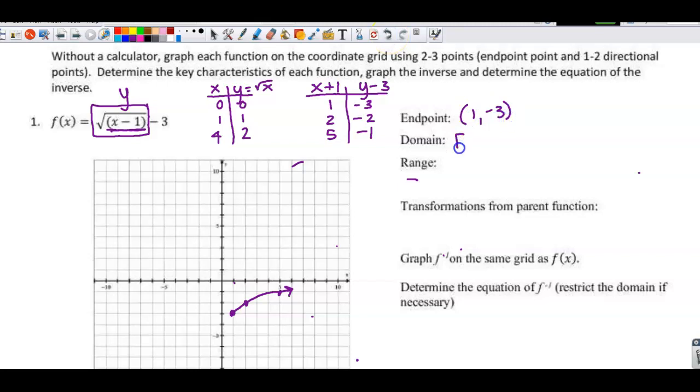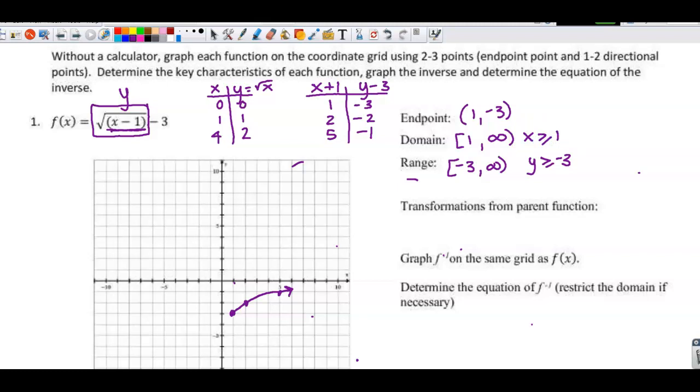The domain starts at 1 and goes on forever to infinity. And the range starts at -3 and goes forever to infinity. Or another way to write that is y is greater than or equal to -3, and this could be x is greater than or equal to 1.